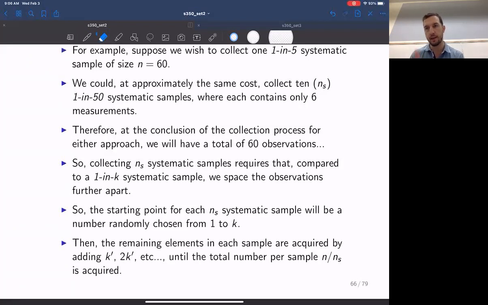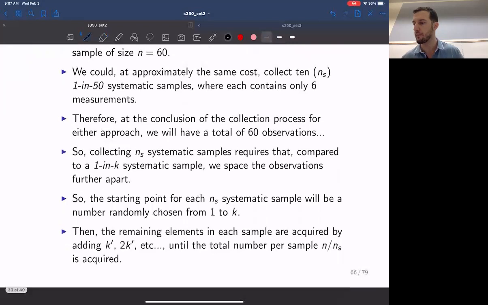So we would start at K prime, then we would multiply by 2, and that would be our next starting point, multiply by 3, that would be our next starting point, etc. So the overall process is exactly the same, except that our 10 samples are going to have observations that are spread a little bit further apart than they would have been in the traditional case. And the way that we view the data will be different as well. So our estimates will look slightly different, but really they're going to be computed in the same way.